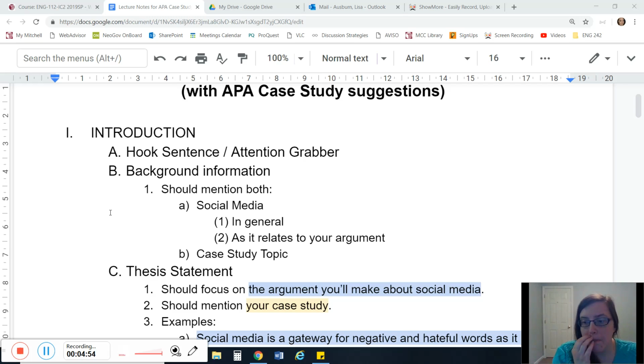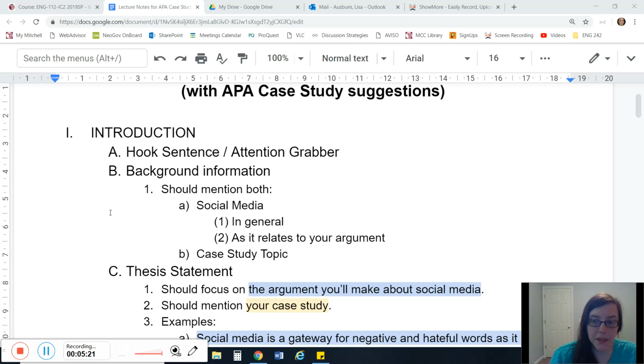So let's say you have, for example, a specific beauty blogger. You don't necessarily in your introduction have to name drop that beauty blogger, but maybe in your thesis you should. In the background information, you should mention at the very least bloggers in general or beauty bloggers in general.